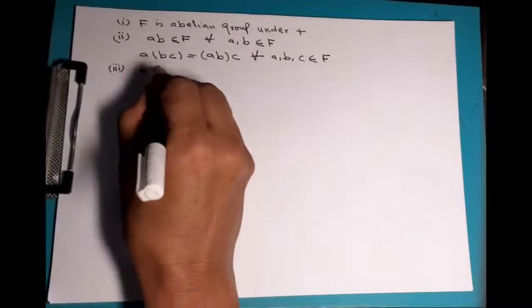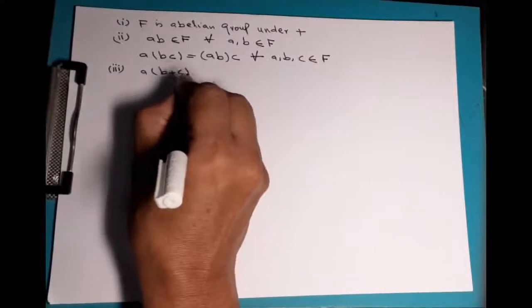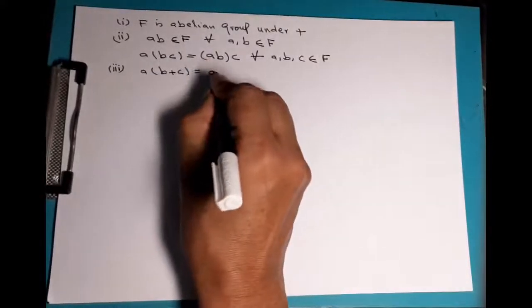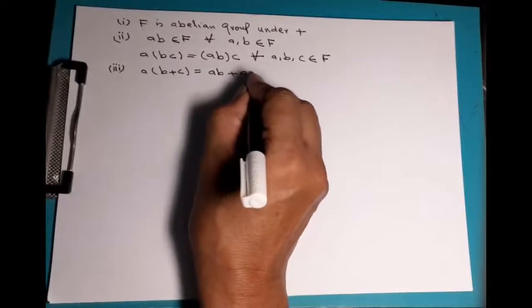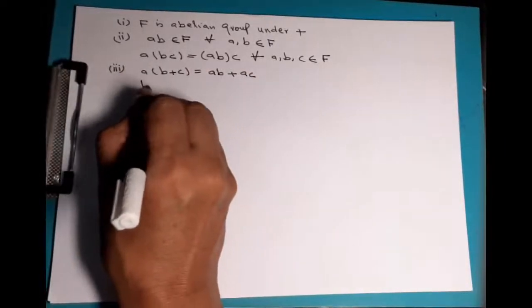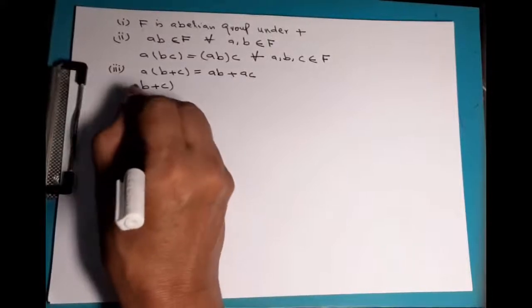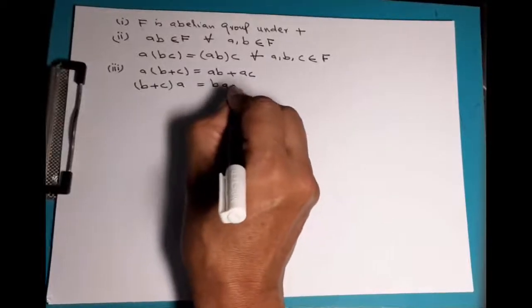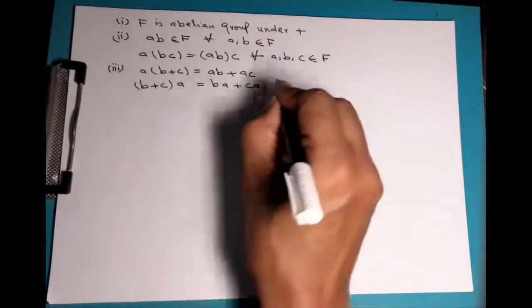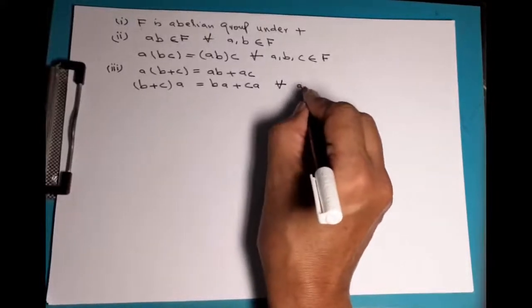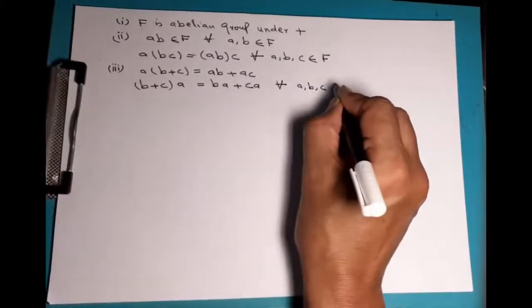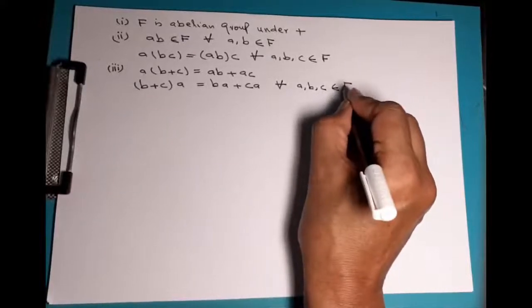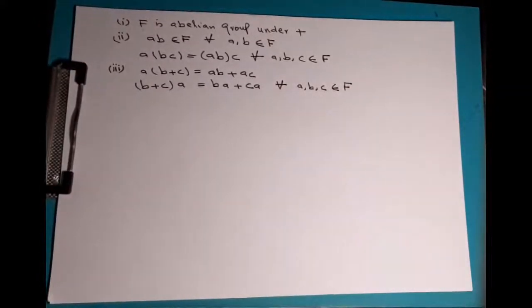A multiplied with B plus C is equal to AB plus AC, and B plus C multiplied with A is equal to BA plus CA, and this has to happen for all A, B, C belonging to F. So these are in fact distributive laws. So the conditions I have written so far, these conditions make F into a ring.